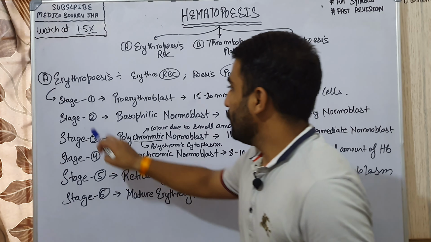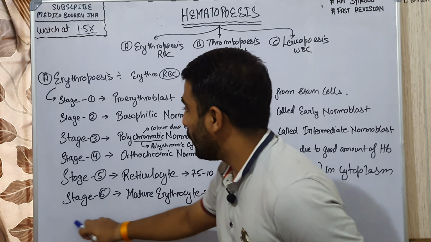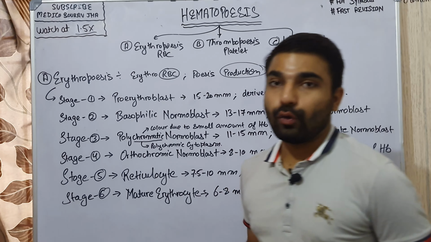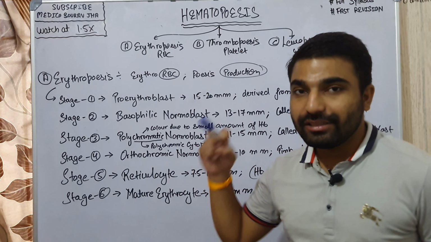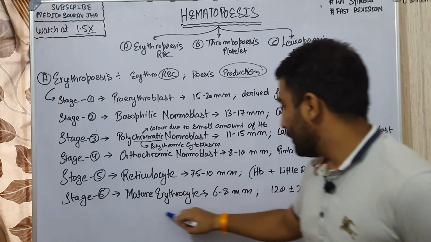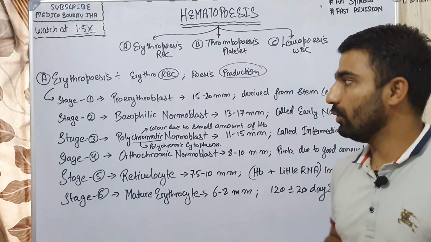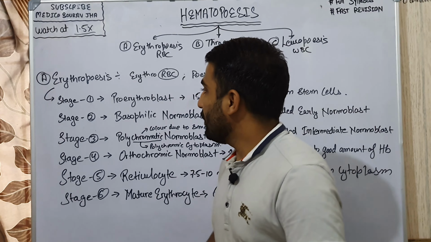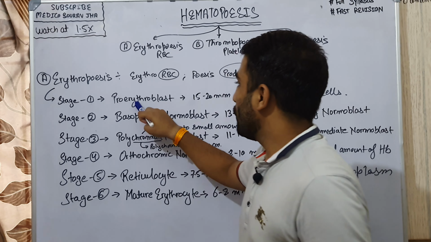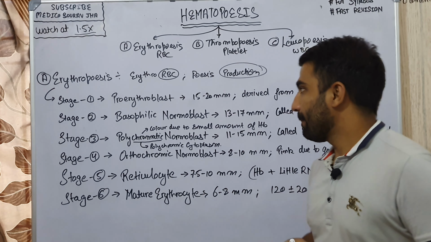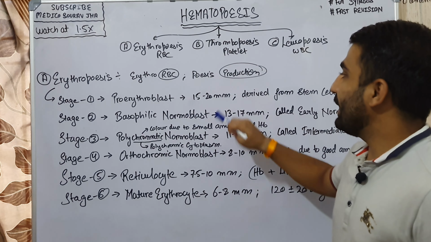Now we will discuss the different stages through which the stem cells go for the final mature erythrocyte production. Now we will talk about stage 1, the pro-erythroblast stage. It is 15 to 20 millimeters.